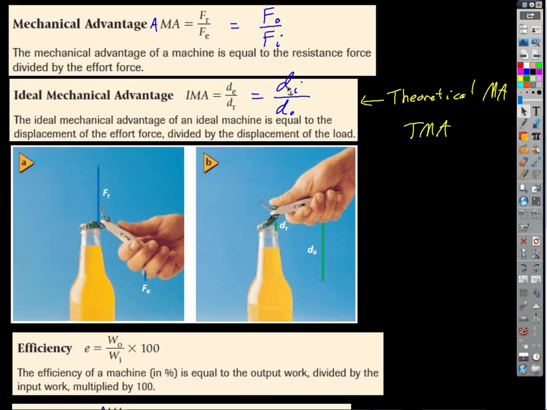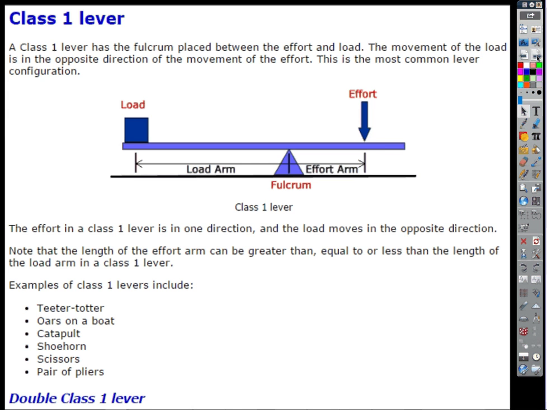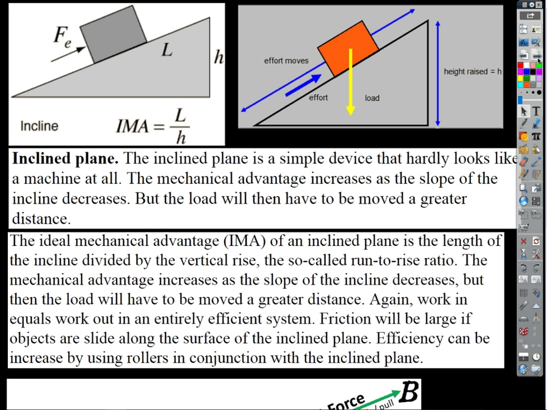So if we look, right, everybody see that? Ideal or theoretical mechanical advantage is always going to be input distance over output distance. So if we look at an inclined plane, define for me what's the input distance. If I'm going to slide this object from here up to there, what's the input distance?